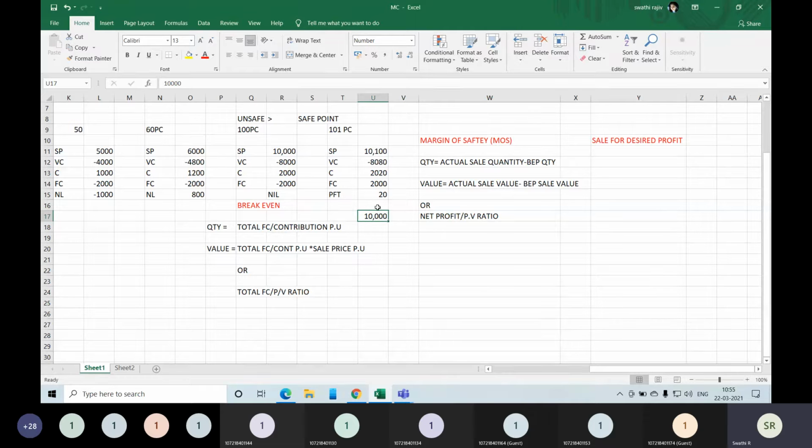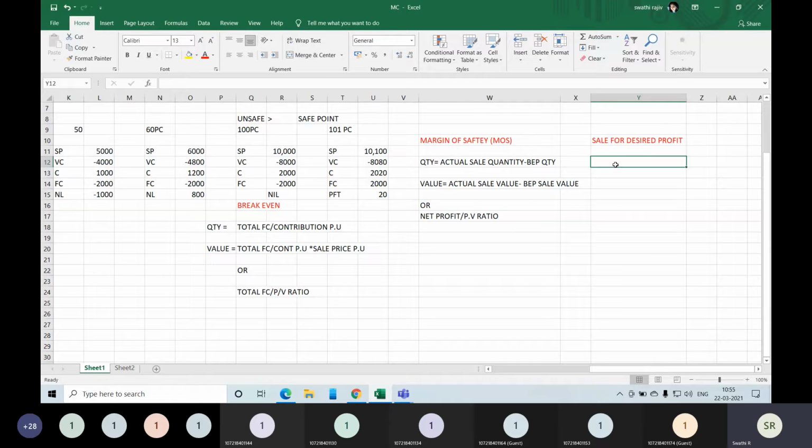I don't want 20 rupees. I want 10,000 rupees. This is my desired profit. 10,000 is just an example, okay? So how many units should I be selling so that I end up with this kind of profit is the question. So let us just ask for the same.